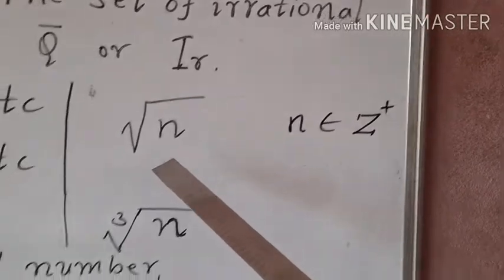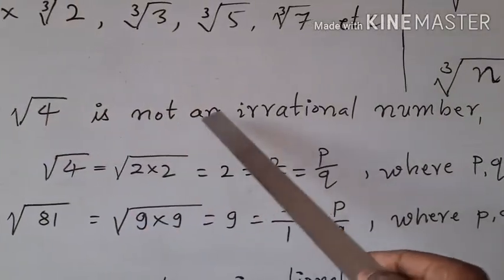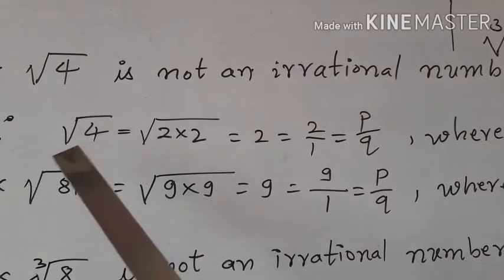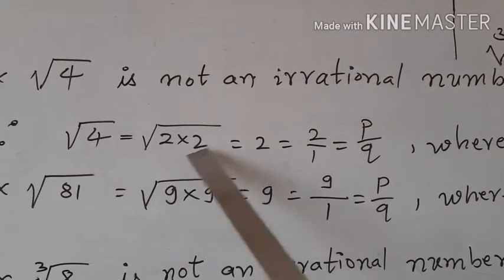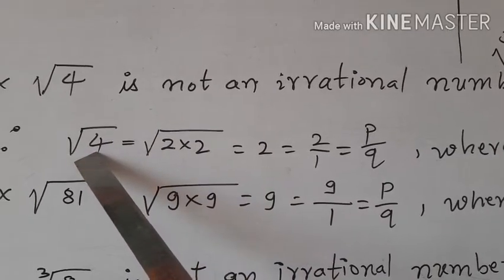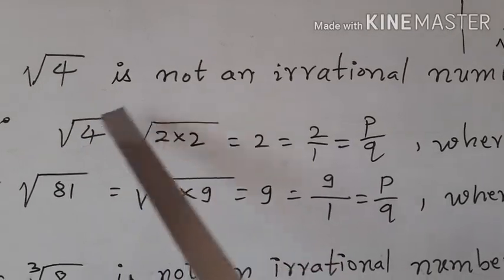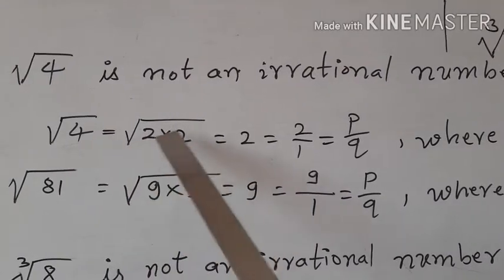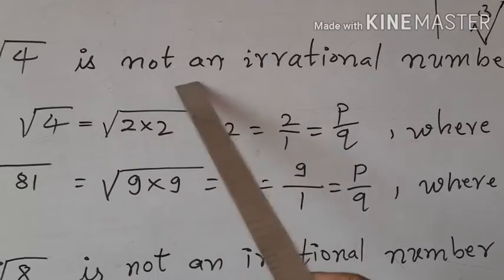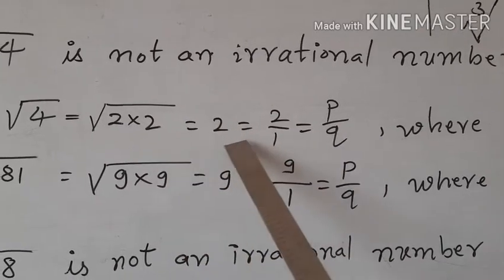For example, square root of 4 is not an irrational number, because here the value of n is 4, and this is the square root mark, and this 4 is written as the product of two equal factors. Then square root of 2 into 2 becomes 2.